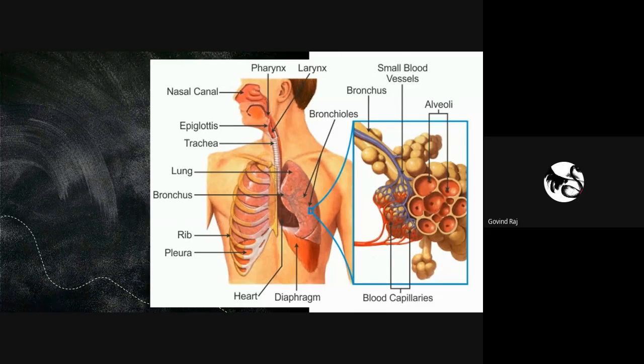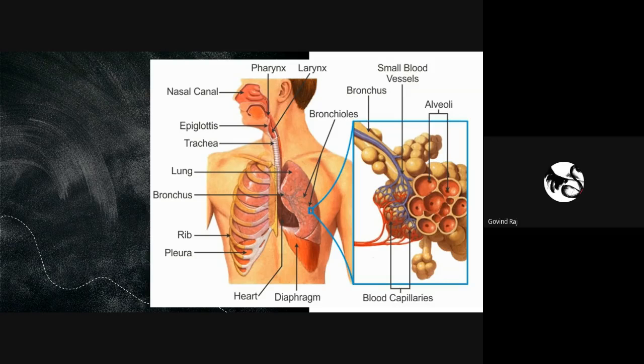After that we have the trachea, and then the trachea branches out into bronchi. Bronchi further divide into bronchioles, and at last they end up in the alveoli.